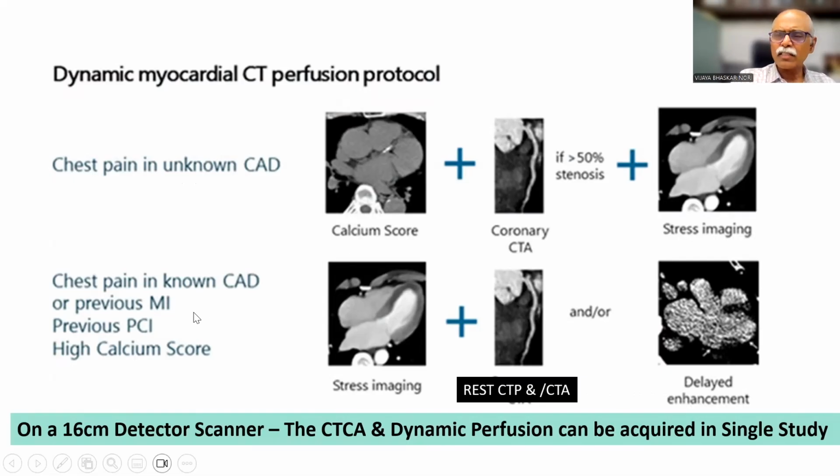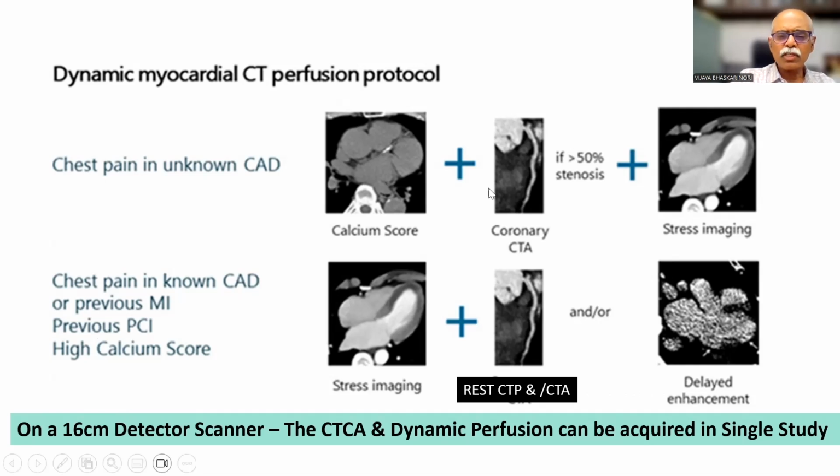Now, if the patient has chest pain in a known CAD, or a previous myocardial infarction, or a previous stent, or a previous bypass, or a very high calcium score, that means a patient comes to you with chest pain and high calcium score, already calcium has been done, it is more than 400, or 1,000, 2,000, then you do stress imaging first, followed by rest imaging or a CTA only.